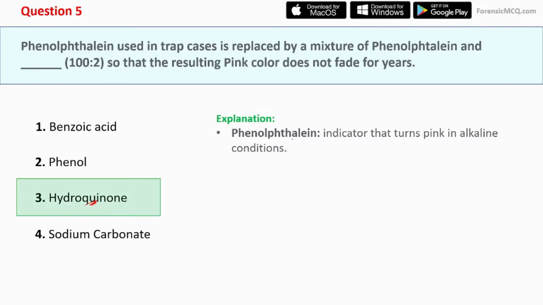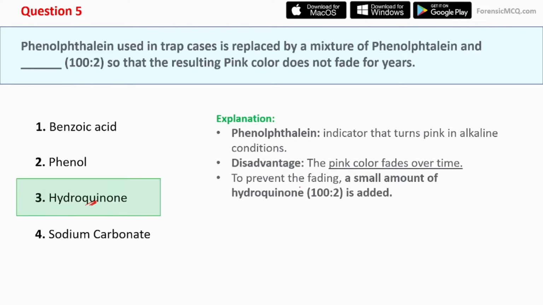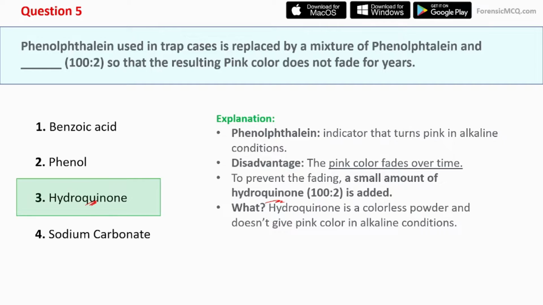So phenolphthalein is an indicator that turns pink in alkaline condition, and the major disadvantage is that this pink color fades over time. So to prevent this fading, a small amount of hydroquinone, 100:2, is added. So what is hydroquinone? Hydroquinone is a colorless powder and it doesn't add any color in alkaline conditions.